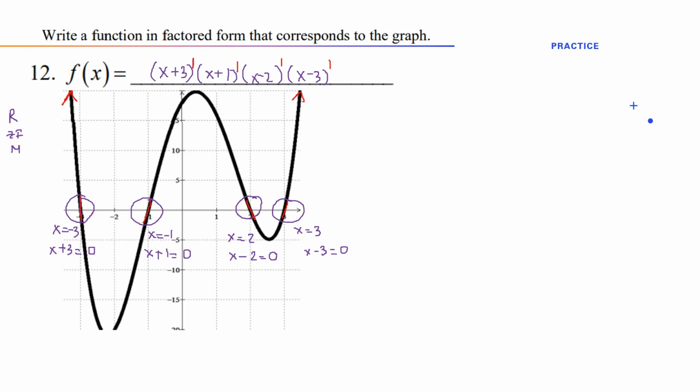Both up, same directions, and even. And because the right end is up, a is positive. So let's check on this one, n equals 1 plus 1 plus 1 plus 1. That's 4, and that's even.